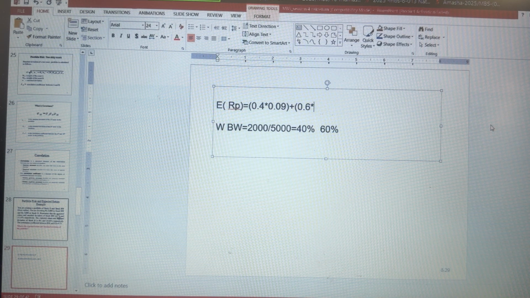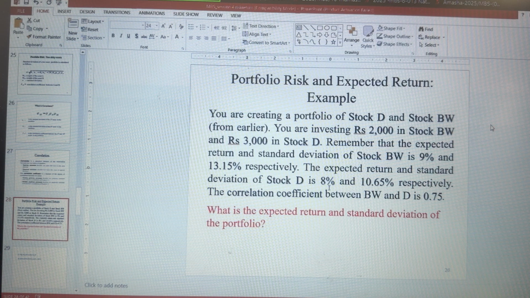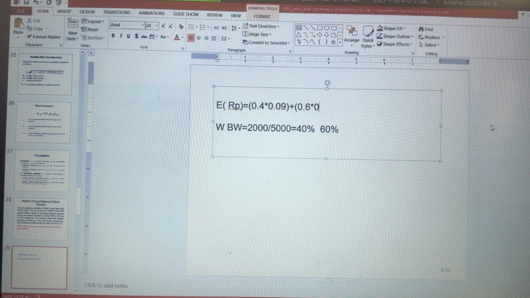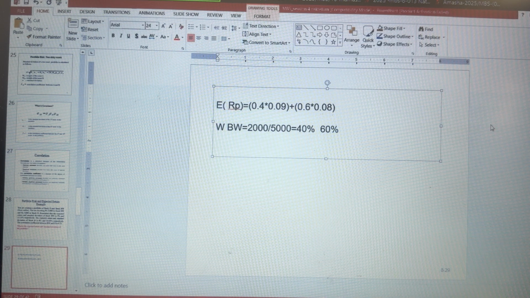Then the expected return is 8%. So you can calculate how much is the expected return of this portfolio. You can use the calculator.